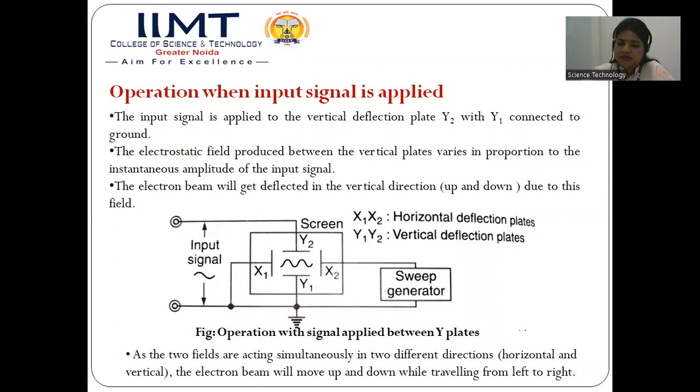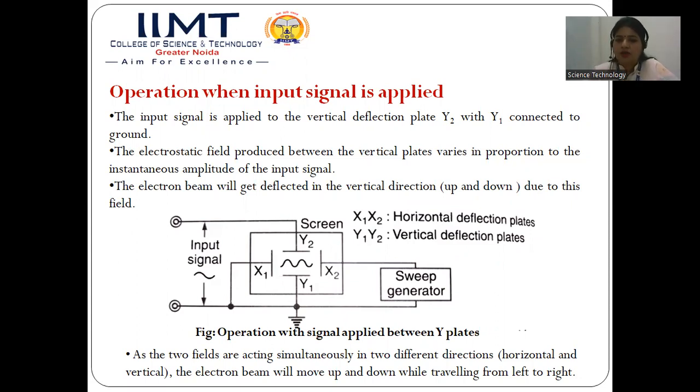The electron beam will move up and down while traveling from left to right, and thus the input waveform will appear on the CRO screen by the combined effect of the horizontal and the vertical plates. That is how the input waveform is obtained or displayed on the CRO screen.